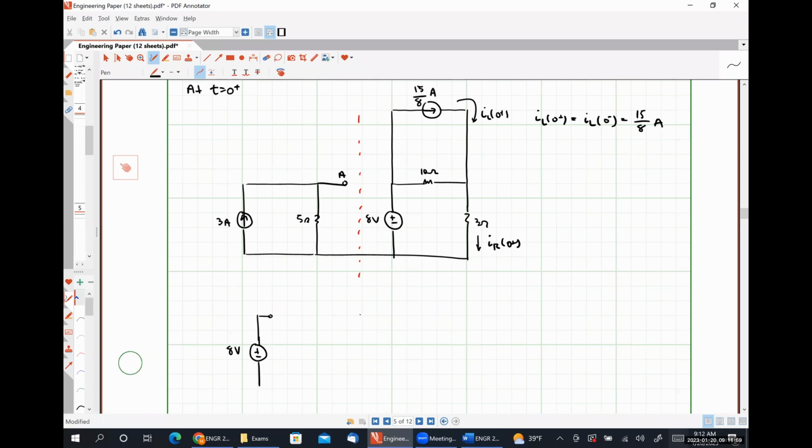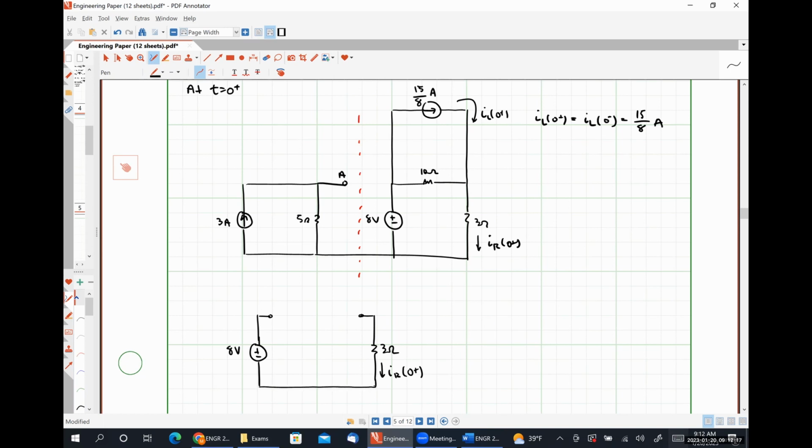these are our terminals where we're going to put in our transformed thing. Here's our 3 ohm resistor, and then here is our current IR at 0 plus.